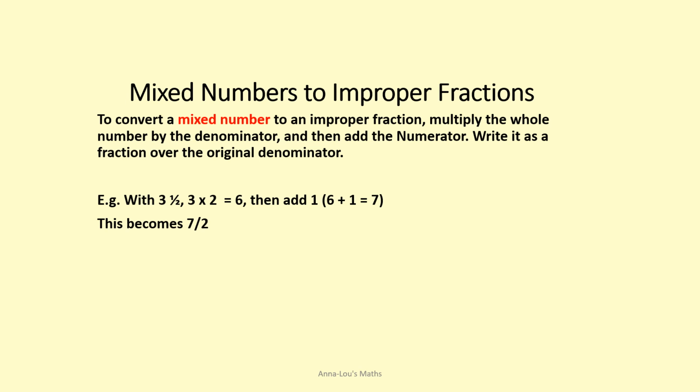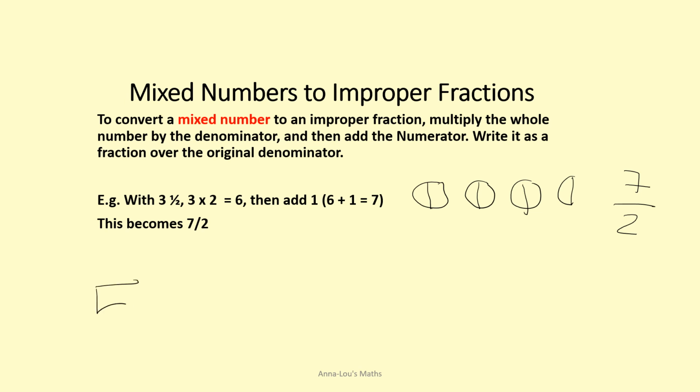So again, let's draw it out. I've got 1, 2, 3, 4, 5, 6, 7. I've got 7 halves. So I'm doing my whole number multiplied by my bottom, add my top, put it back over my original denominator.